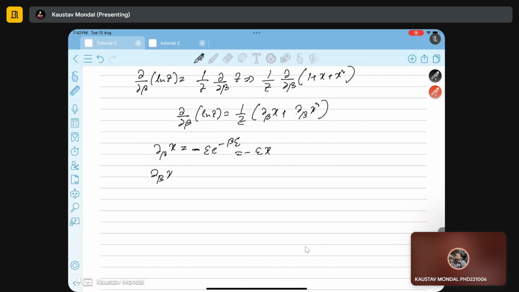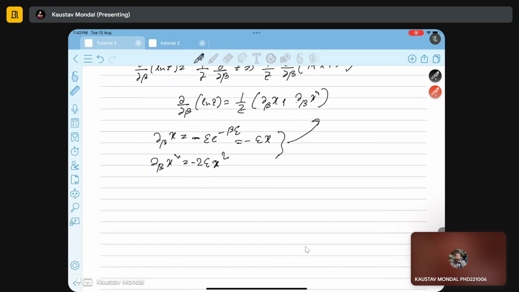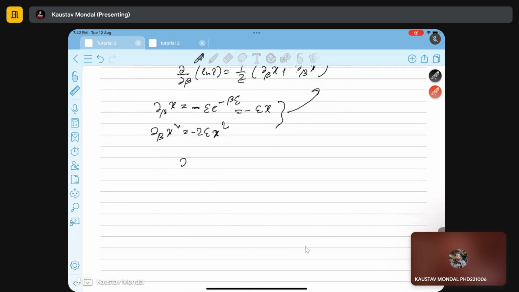Similarly, del beta of x squared will become minus 2 epsilon x squared. Now if you substitute these two here, then del beta of ln Z would become minus epsilon x plus 2x squared, whole divided by the partition function Z.